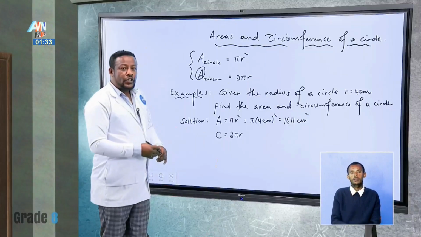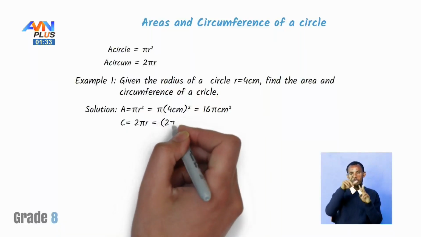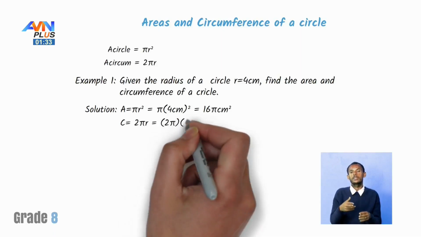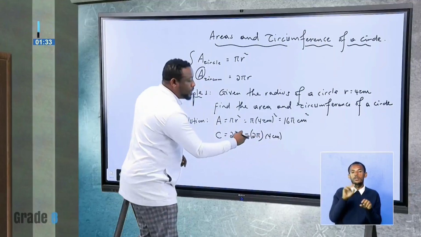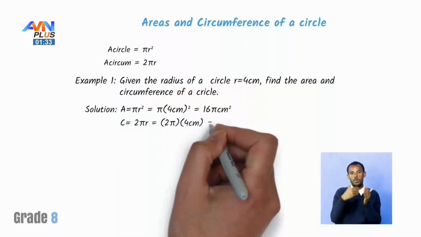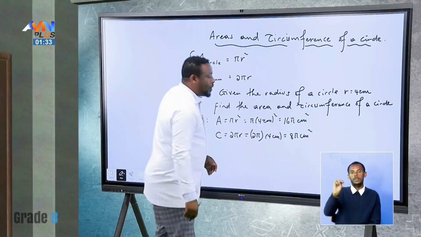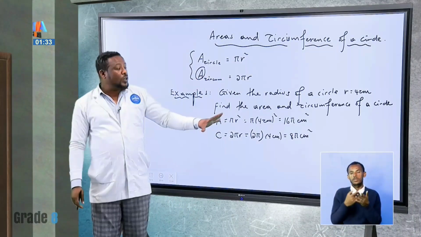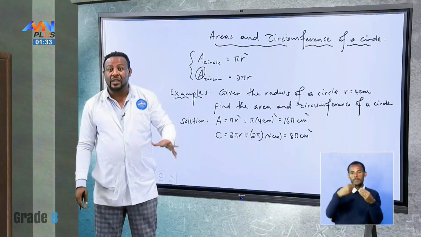So this is 2 pi times the radius. The radius is 4 centimeter. So 4 centimeter times 2 is 8. So this product gives us 8 pi centimeter square. This way, if the radius is given, you can calculate the area and the circumference.